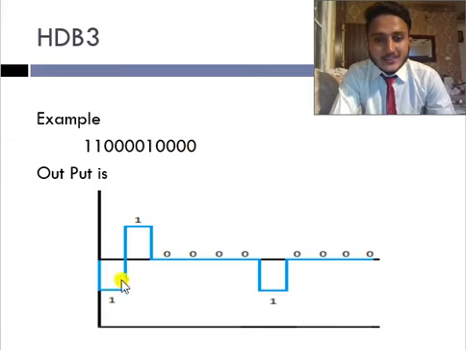The output of this signal is: first one is a negative half, next one an inverse positive half, then 4 zeros, then a negative half, then 4 zeros. The problem in this signal is these consecutive zeros. And remember a point: when we take these 4 zeros, we don't count these ones, we just count this one.